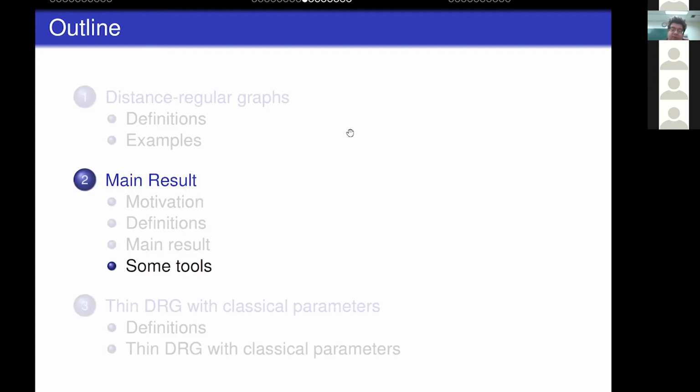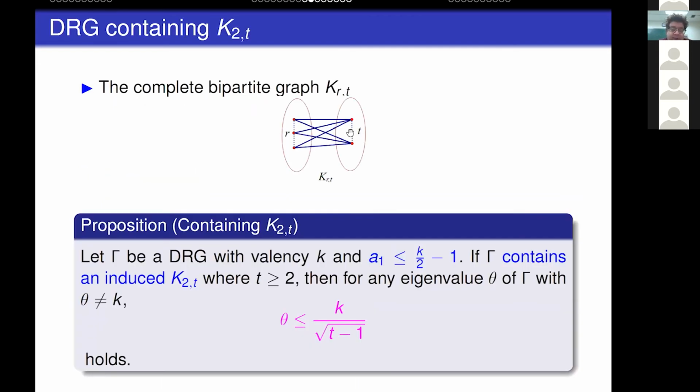So I should talk about some tools. Everybody knows what a complete bipartite graph is: you take an R set and a T set, and you take all the edges between them, yes?